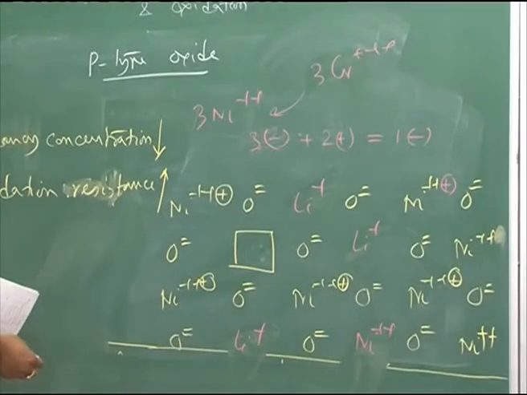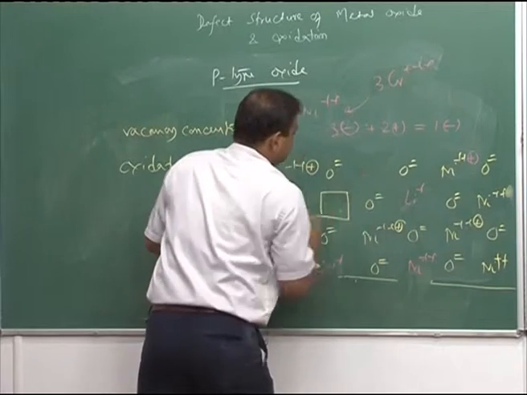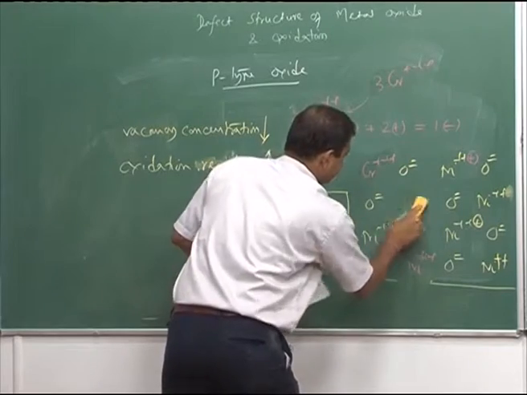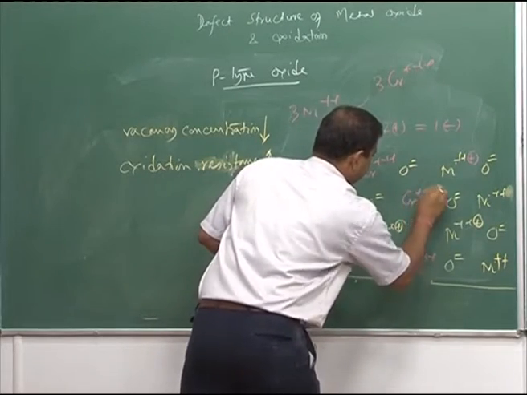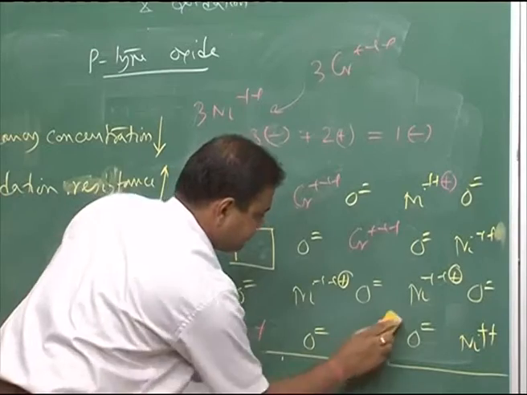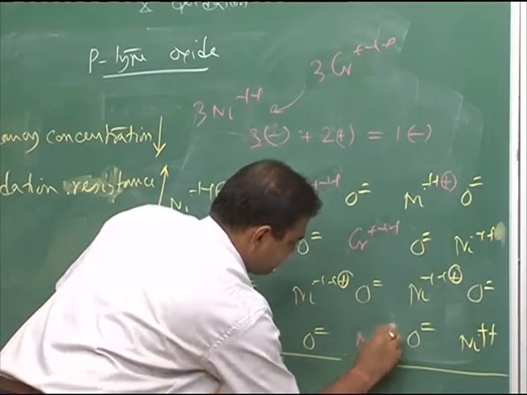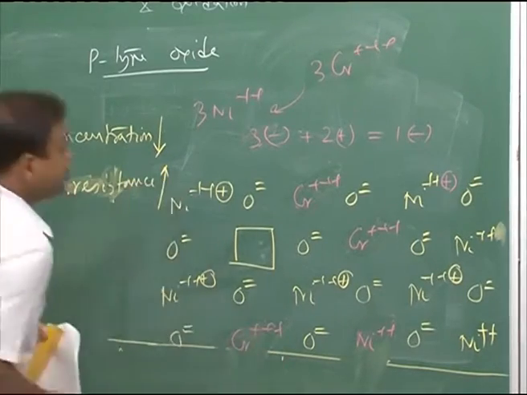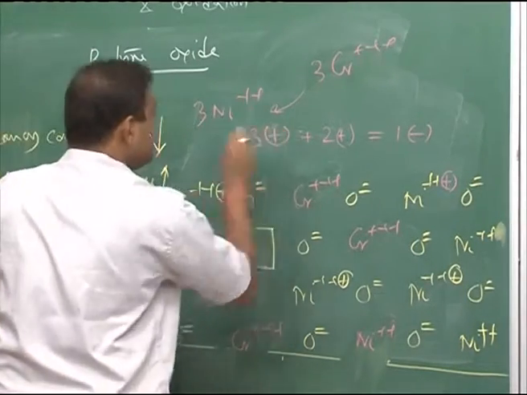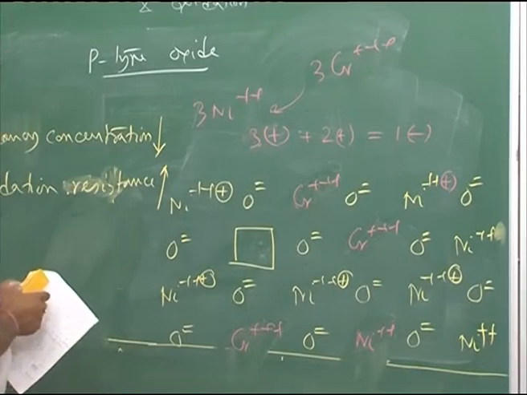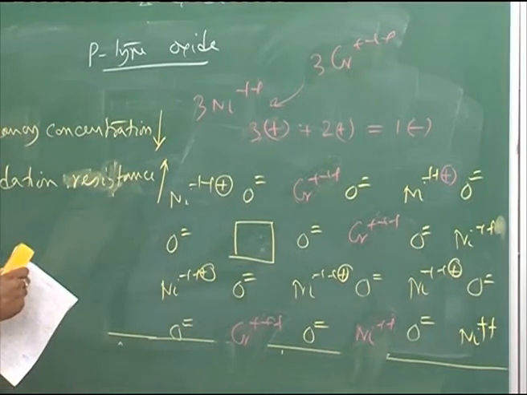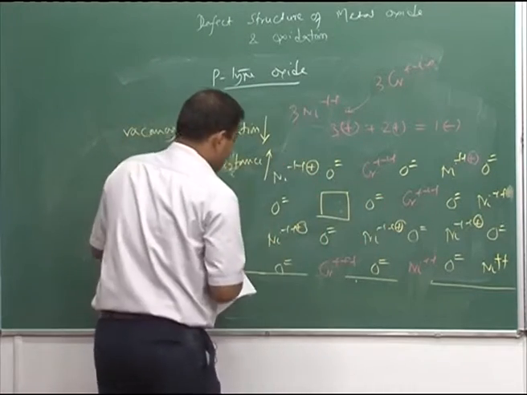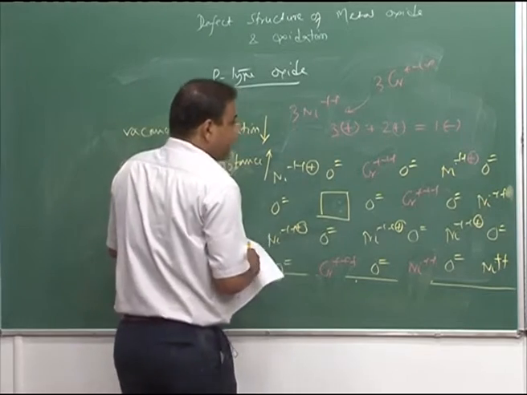So, in that case, instead of lithium we put chromium, and here we have 3 extra positive charges. In order to balance those 3 extra positive charges, there could be creation of more vacancies.